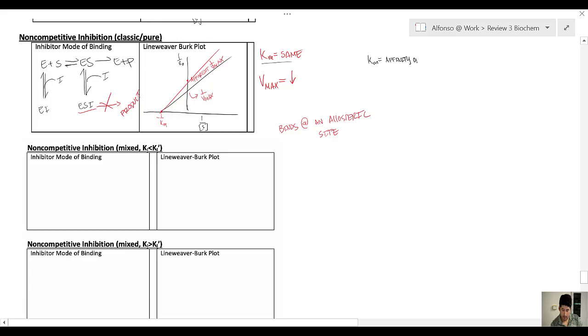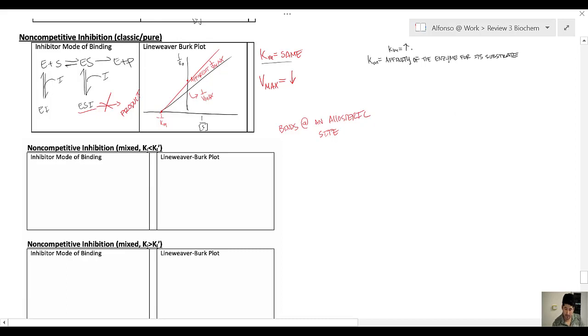So Km is the affinity of the enzyme for its substrate. All right, Km, it's the affinity of the enzyme for its substrate. So it's a property that belongs to the enzyme.